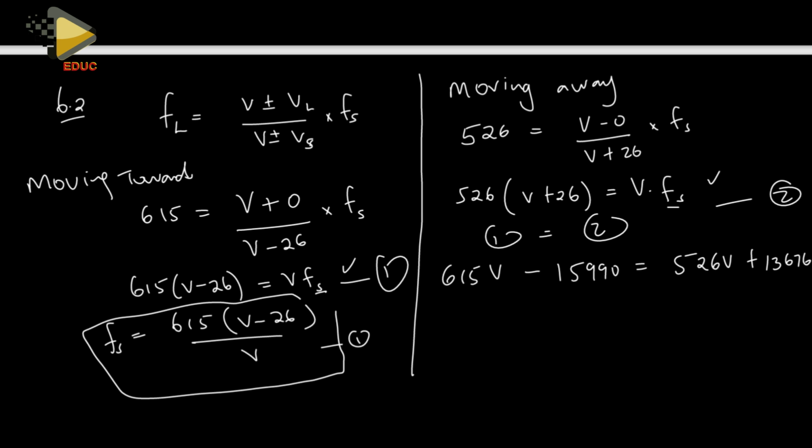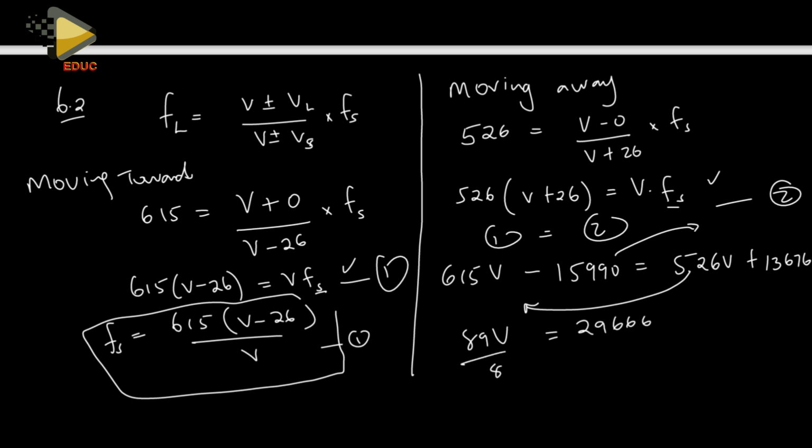I'll collect my like terms. I'll move this side. I'll move this side. So 615 minus 526 gives me 89V is equal to 13676 plus 15990. That gives me 29666.